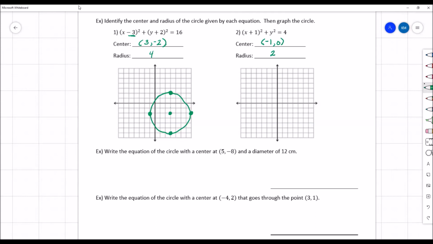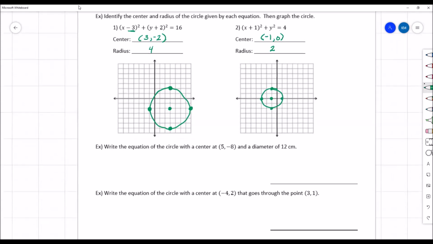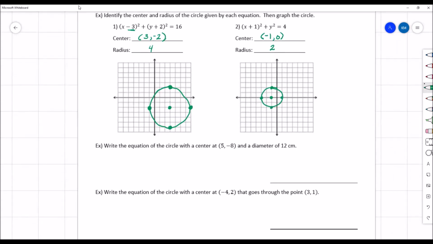So negative 1, 0 is the center right here. Do the same thing: count up 2, to the right 2, to the left 2, down 2. Then our circle should include those points. Not too bad there. Just a couple more things here.